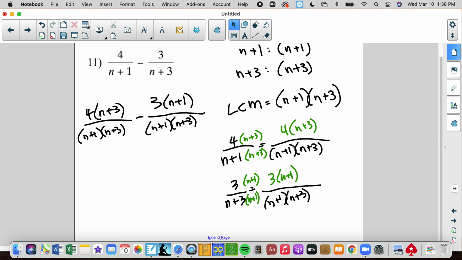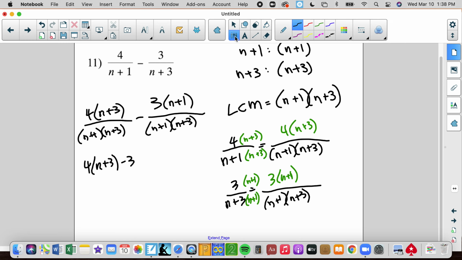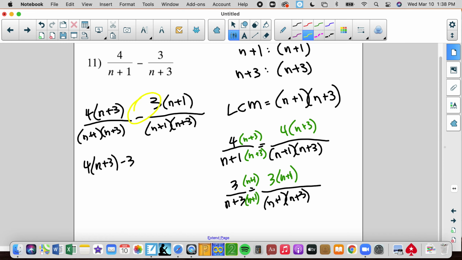Let's put them all over the same fraction. 4 times the quantity n plus 3 minus 3. Notice that negative. Don't forget that negative with that. Times n plus 1 all over n plus 1, n plus 3.